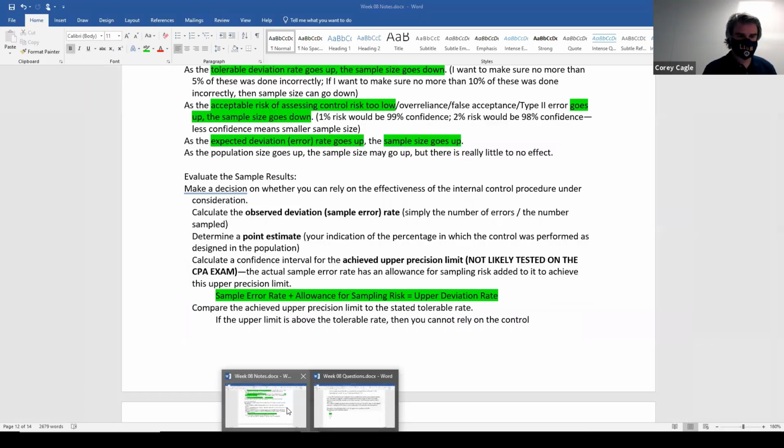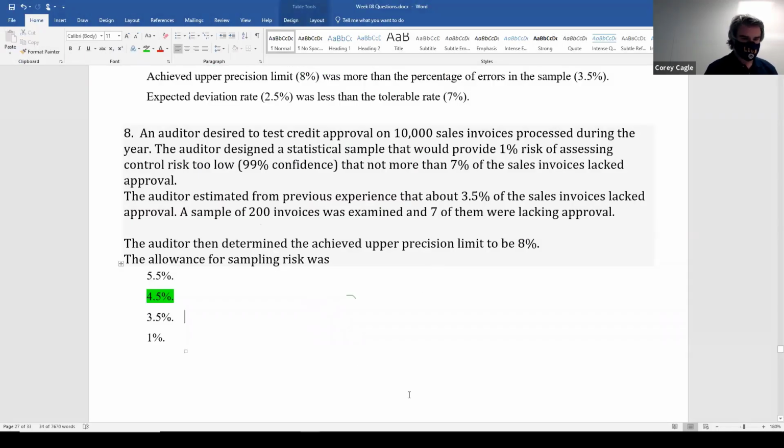You don't get fooled by the interchangeable words that they keep using. The sample deviation rate, 7 of the 200 were wrong, right?